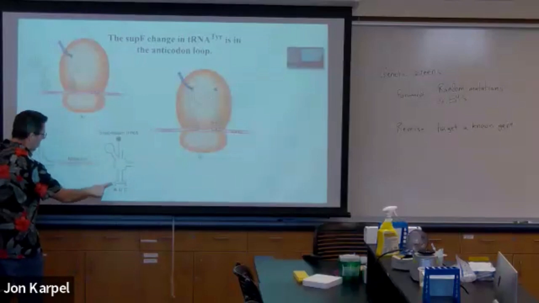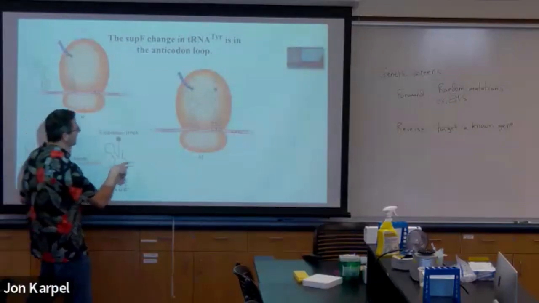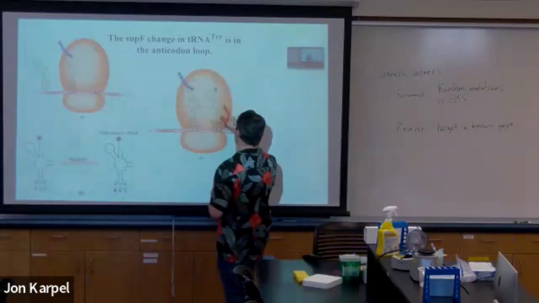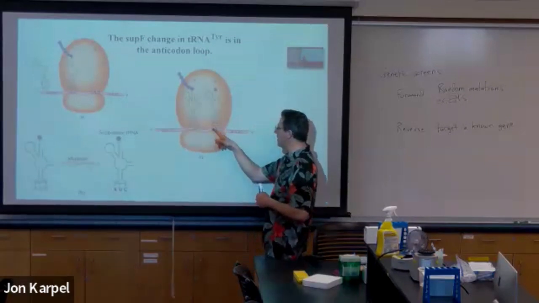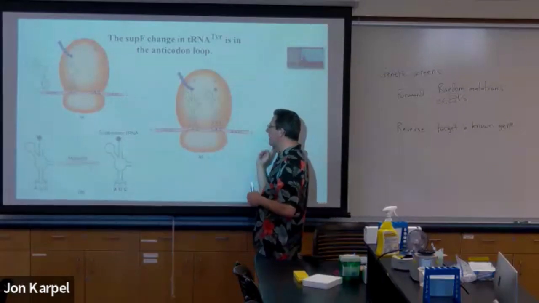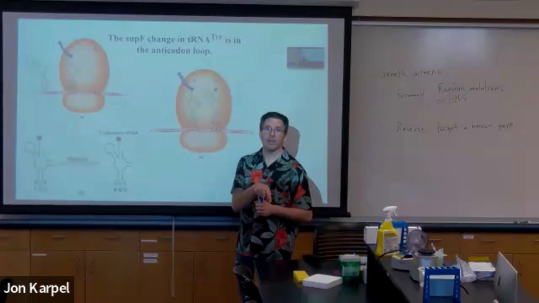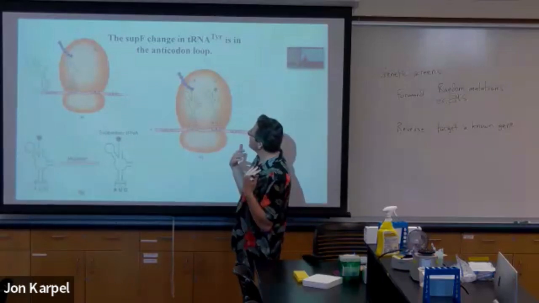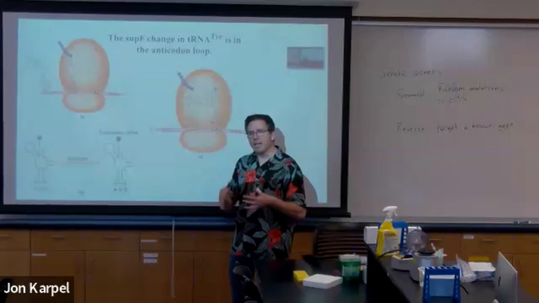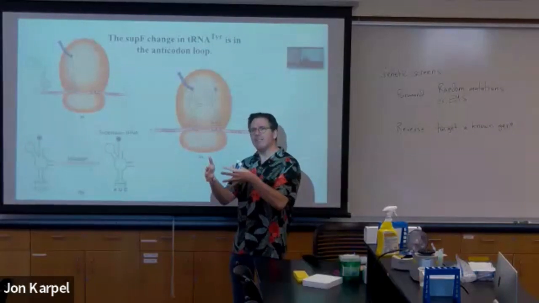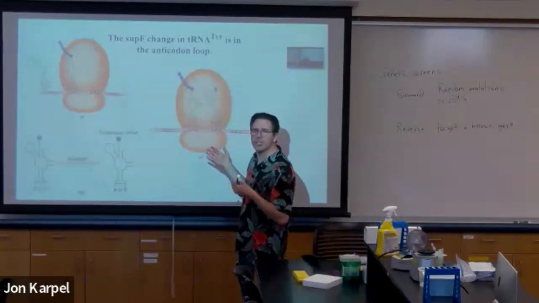And what they found, that mutation was in the anticodon. It was in the anticodon of this tRNA, which then suppressed the stop codons in the bacteriophage RNA. Isn't that weird? So this is a suppressor. It suppresses the defect that you find in the phage.